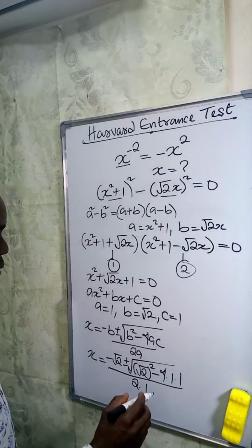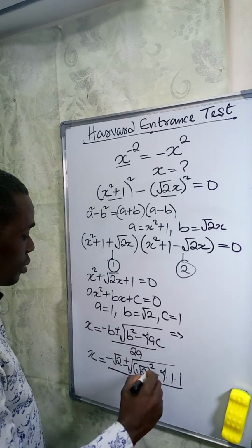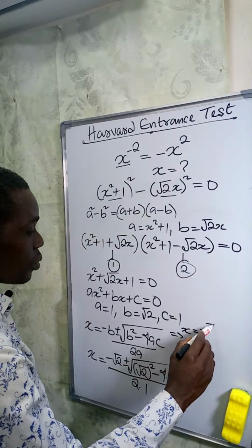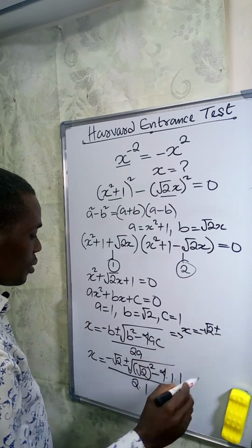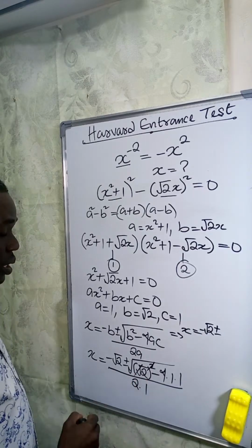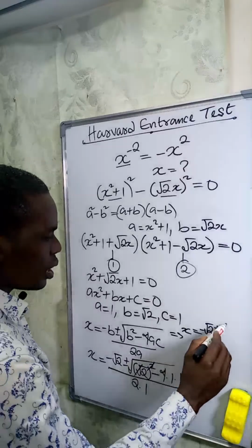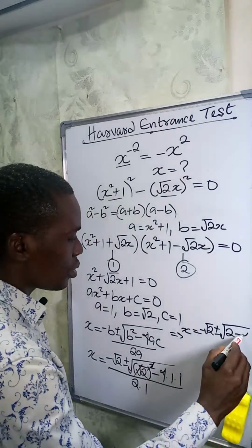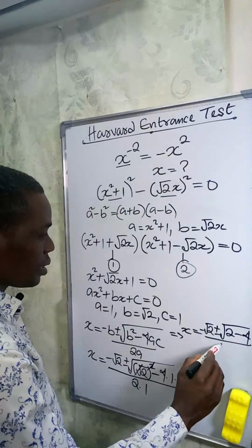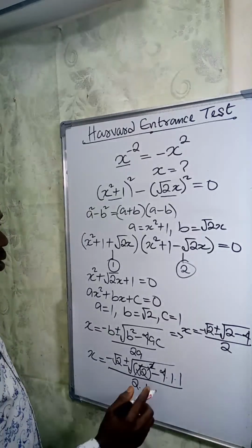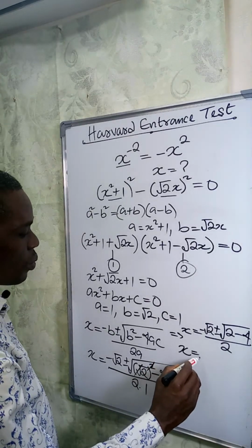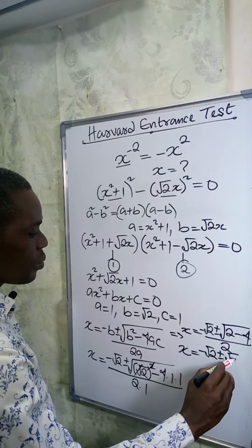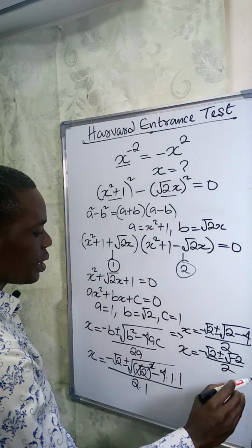The square cancels out the square root and gives us 2, and 4 times 1 gives us 4, all divided by 2. So the value of x will be equal to negative square root of 2 plus or minus the square root of negative 2, all divided by 2.